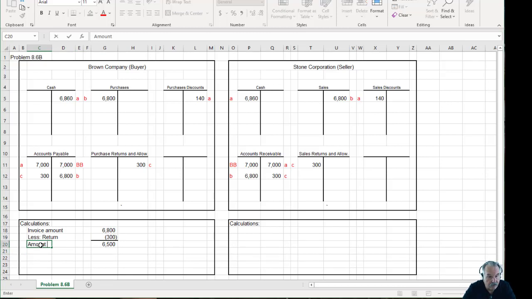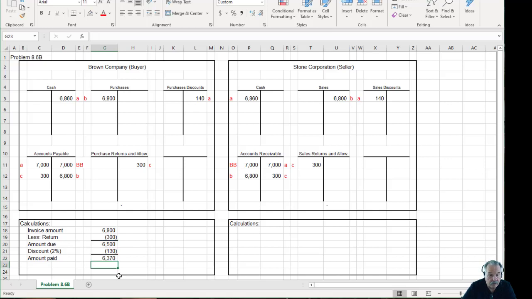That's the amount due, but they took a discount based on the terms. It's a 2% discount. So that discount is $130, or 2% of $6,500. We'll go ahead and draw a line, and the amount paid is the $6,500 minus the $130, or $6,370.